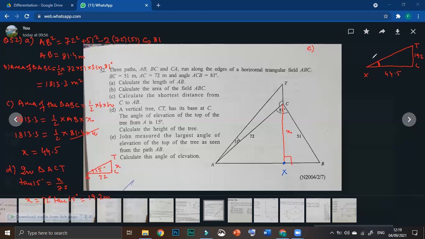Now, this angle of elevation is Y. Tan Y is equal to 19.2 over 44.5. So Y is equal to tan inverse of 19.2 over 44.5. Y is equal to 23.27 degrees.